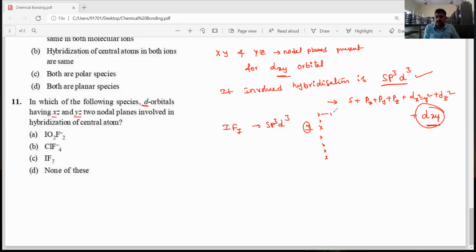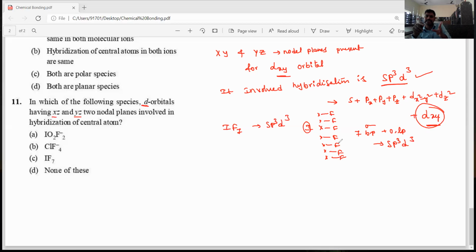Those 7 valence electrons are bonded with the 7 fluorine atoms. That's why it has 7 sigma bond pairs plus 0 lone pairs. Then its hybridization is sp3d3.